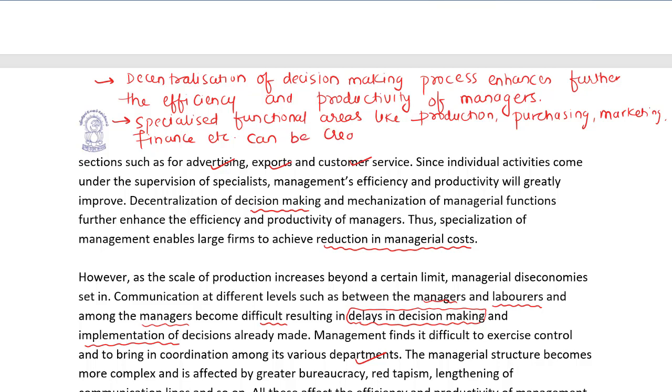Each department can also be further subdivided.